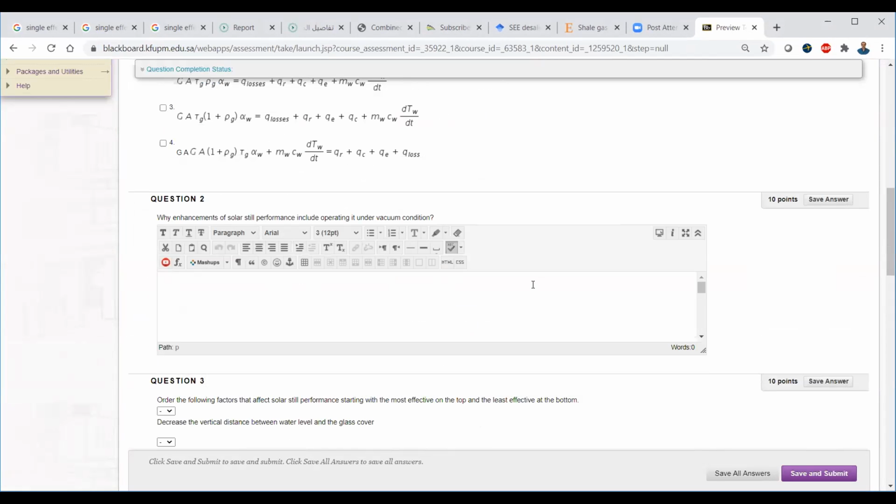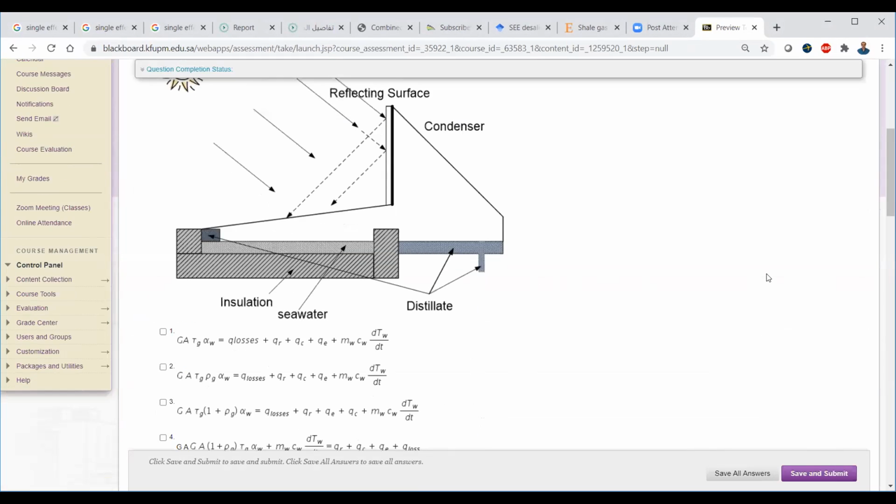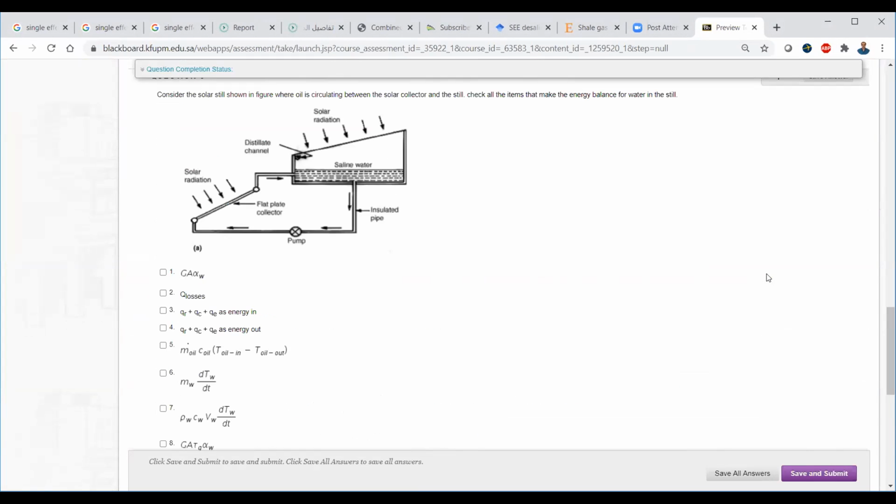So this is how the quiz looks like. So I believe if you click on it, you'll be able to reach there.